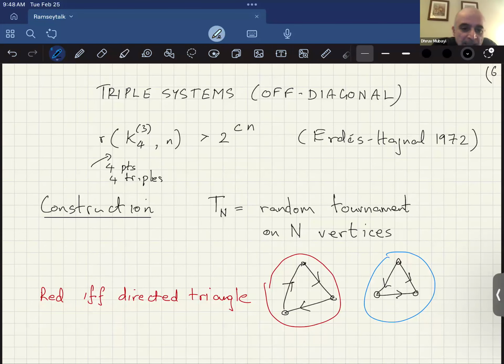And the construction that does this is very fundamental, very basic, very important, because all of the new developments over the last 50 years are based on this kind of simple idea. So I want to go through it in some detail. Some version of it was in the paper by Erdős and Hajnal in 1972, which was one of the foundational papers on these sorts of questions.